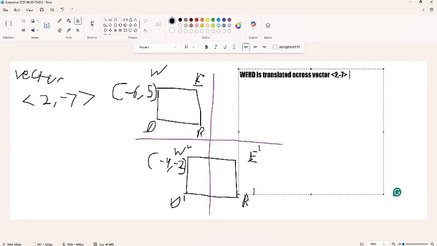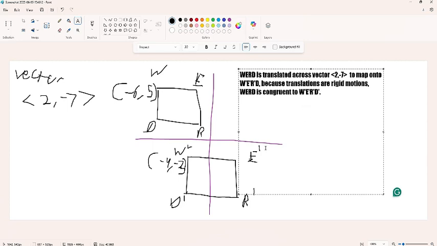We can use this, which is just saying you're moving 2 to the right, 7 down, to map onto W'E'R'D'. It's translated because translations are rigid motions. WERD is congruent to W'E'R'D'.